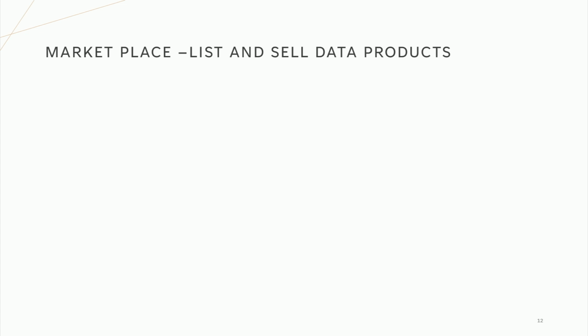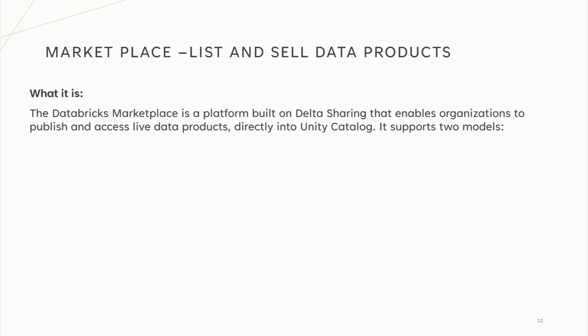So it can be models, notebooks, data sets, tables, or catalogs. Once again, it's built on top of Delta Sharing, and it makes it possible for you to publish and access live data products. You can also specify that they're not supposed to be live, that they're going to be a snapshot in time, but the default is live.